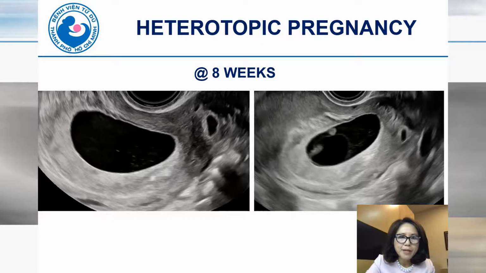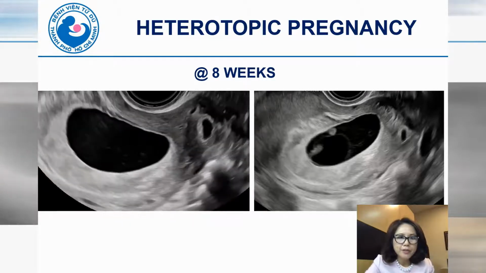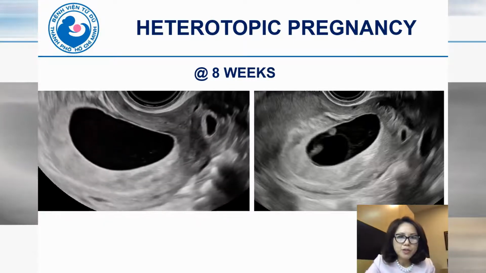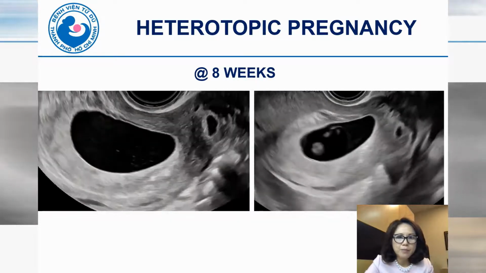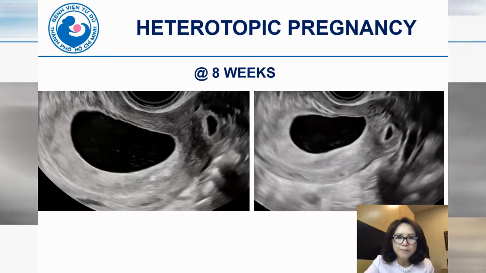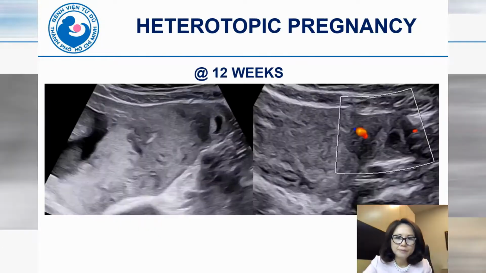The same patient at 8 weeks. The intrauterine GS continues to grow, and the interstitial ectopic pregnancy on the left side seems stable. So we continue to follow up. And this is the 3D photo at 8 weeks.